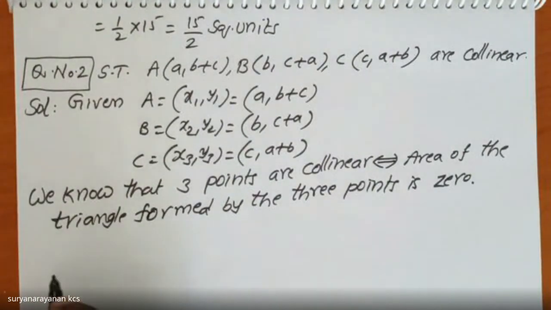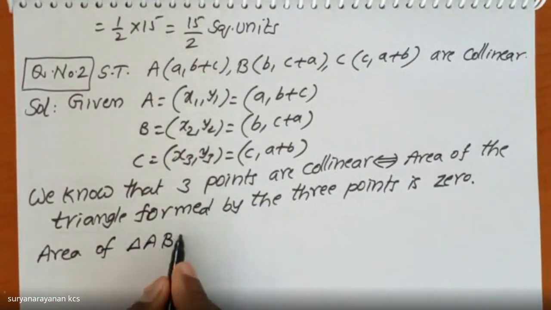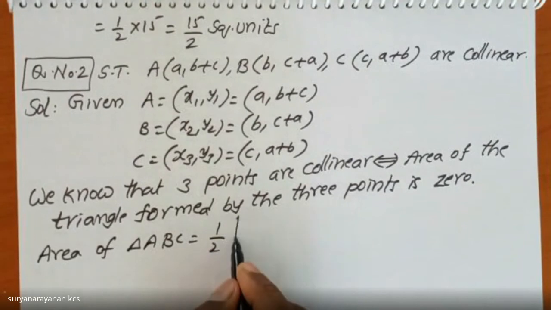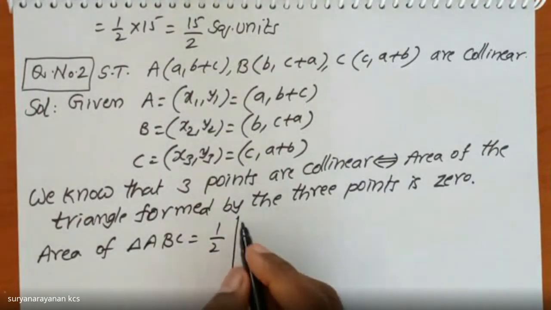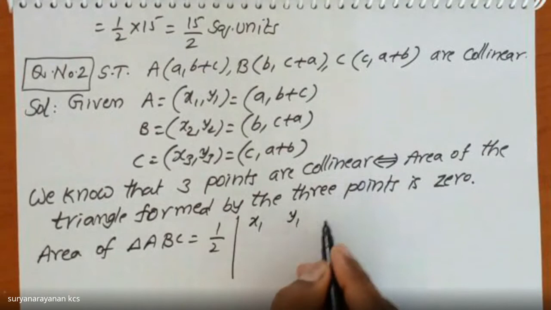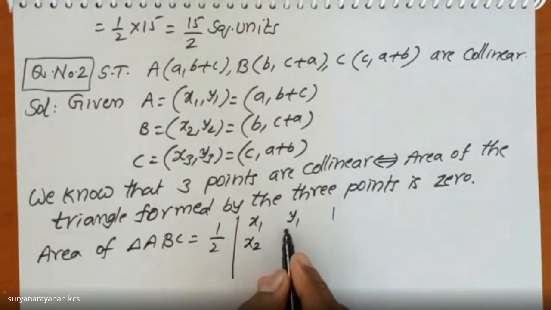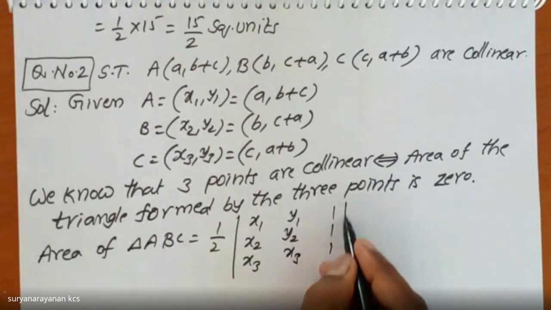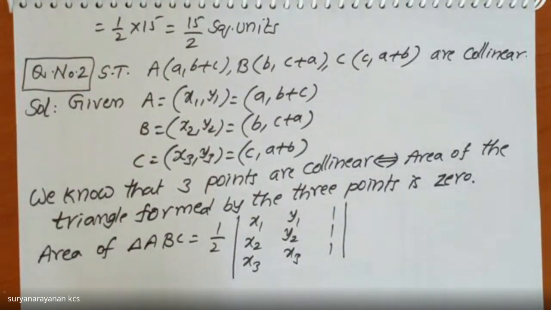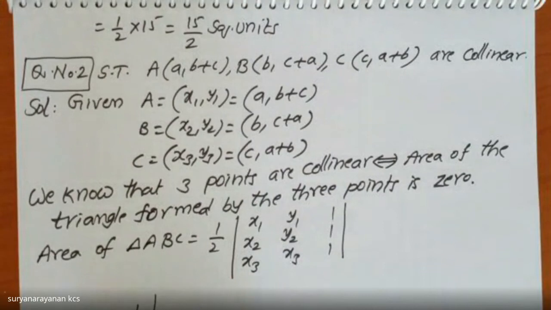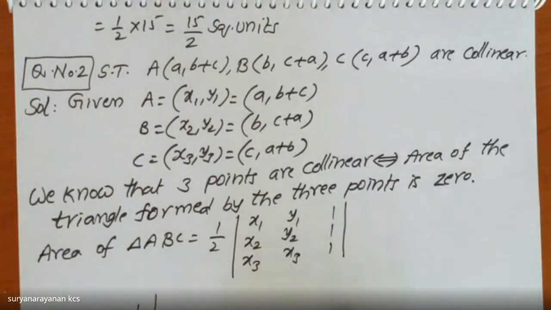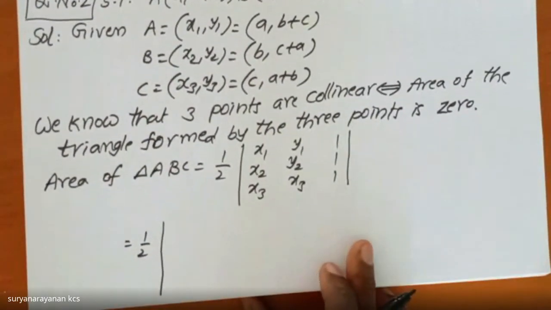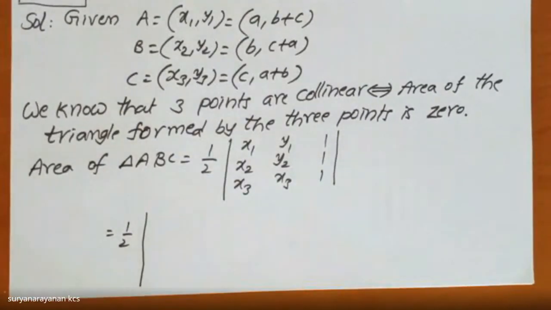Okay, so let us find the area of the triangle. Area of triangle ABC is equal to 1 by 2 times the determinant. First we write the formula: first row x1, y1, 1; second row x2, y2, 1; third row x3, y3, 1. In this formula, substitute the x1, y1, x2, y2, x3, y3 values.